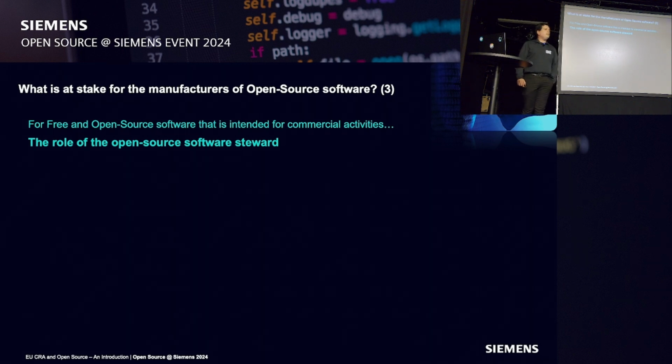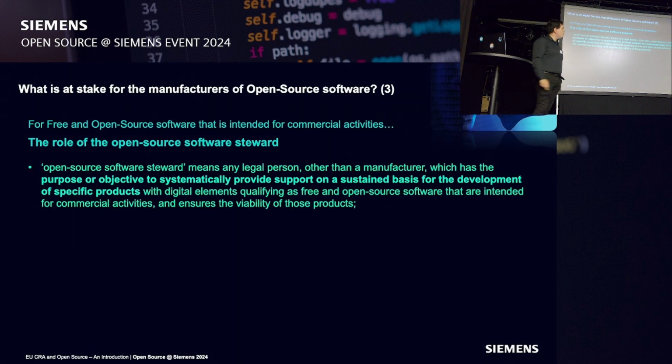Say you are an open source foundation with multiple projects, and the products you develop are then used by manufacturers for commercial activities. Then basically you are providing sustained and systematic support for product development, because you are supported financially by the manufacturers. And then obligations come to the legal entity.